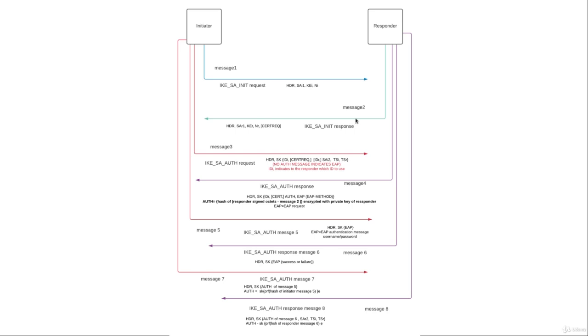So, let's look at what happens in the case of using EAP with IKE version 2. The initiator in this case is configured to use EAP authentication. Instead of sending the authentication payload in message 3, it omits that data. The initiator sends only its ID information.